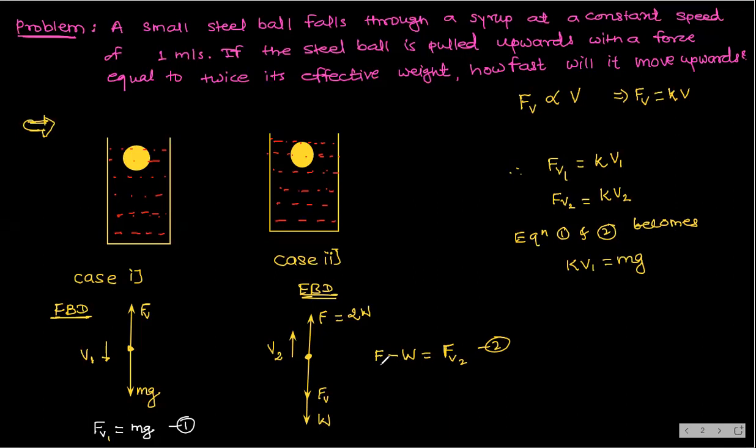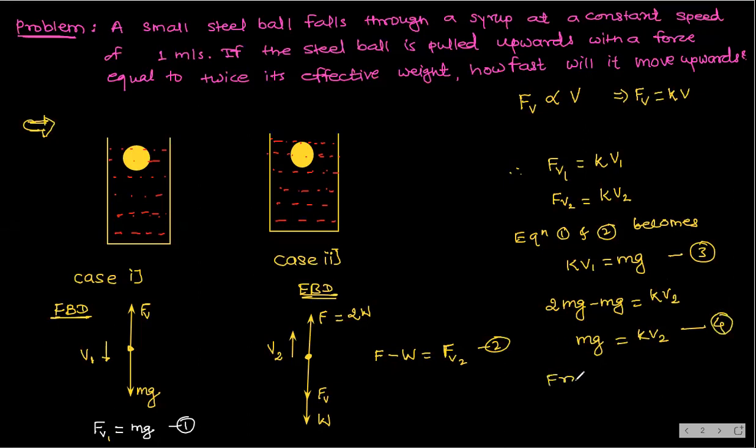The second one: F is equal to 2 mg, so 2 mg minus mg is equal to Kv2. How did you get this? Equation 2 is F minus W, so this F is 2W. 2W means 2 mg minus W, which is mg. So you are getting mg is equal to Kv2. Call this equation number 4.